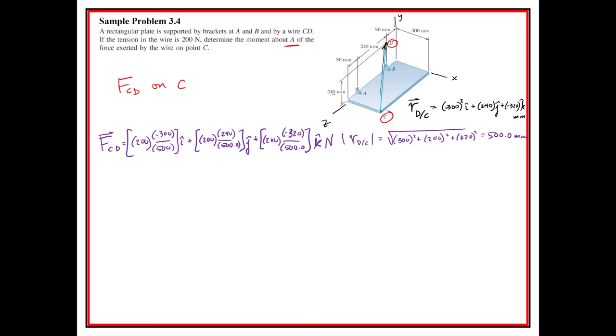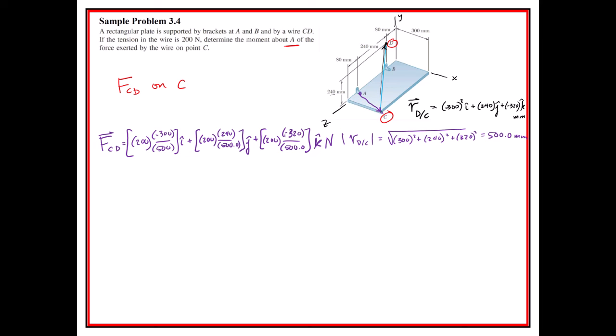Now we want to find the position vector from A to C, because we're doing it about A. C with respect to A, yes, because this is the reference point, and that's where we're going to.